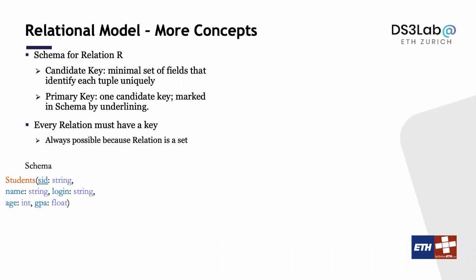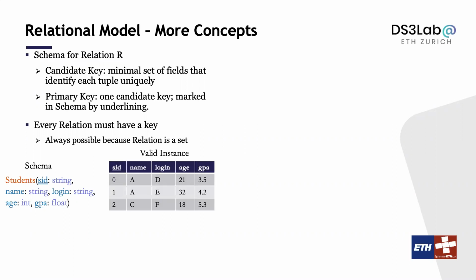In my application, if you give me the value of SID, I can uniquely identify one tuple in the student table. There doesn't exist two students in this table that share the same SID value. That's what I mean by assigning SID as the key.